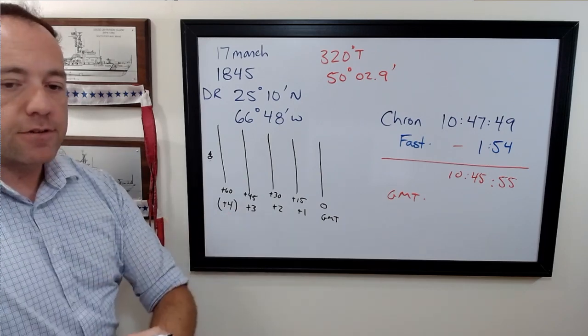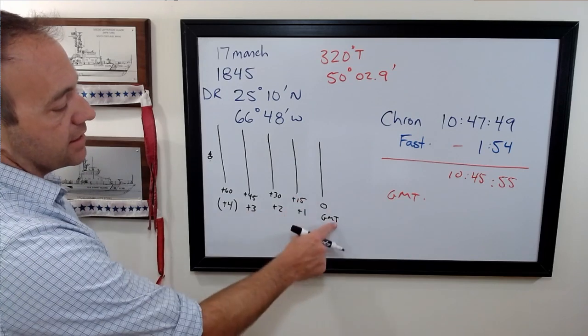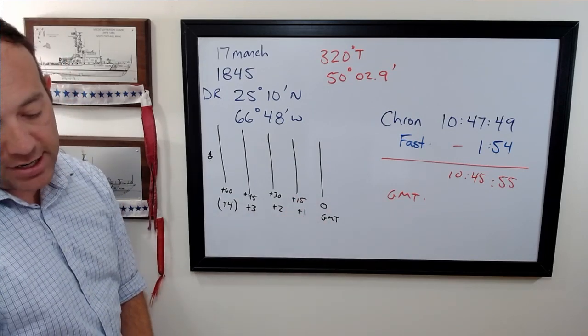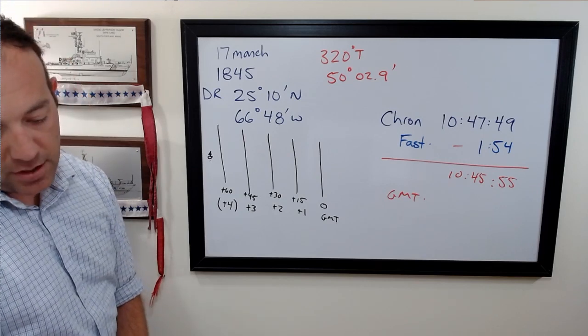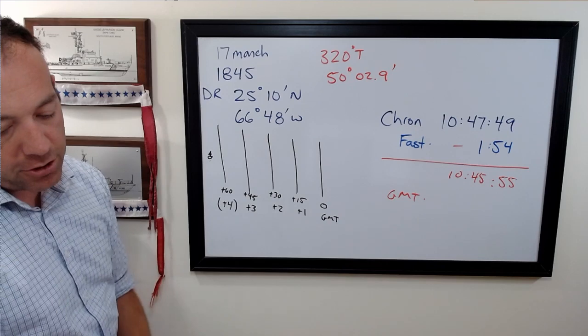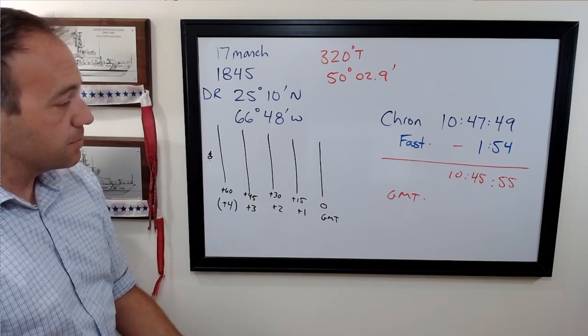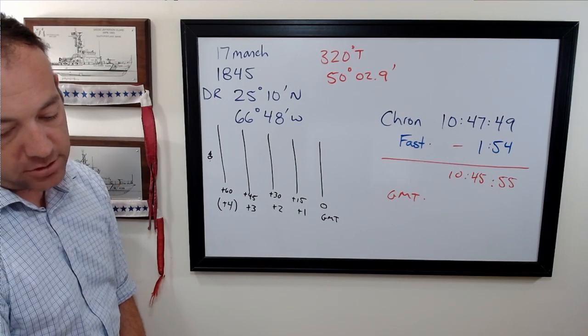So we need to take whatever's on our watch or whatever's on our chronometer, right, and advance it to Greenwich Mean Time, for sure. Okay, so what we're going to want to do is we'll take the chronometer sight, and we'll just simply add 4 hours to it. Right, 4 hours.